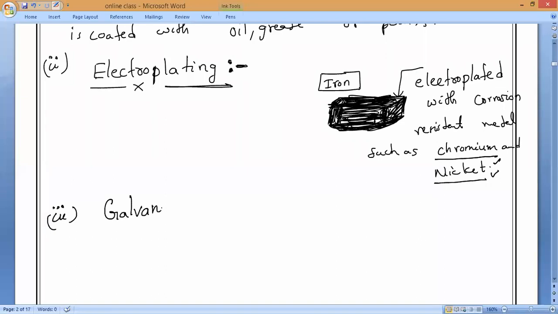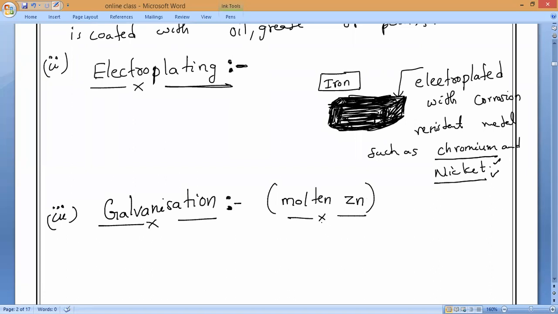Next, the third one is galvanization. What is this, guys? Galvanization means immediately remember we are coating the surface of iron with molten zinc. What do you mean by molten zinc? It means we melt the zinc metal and coat the surface of iron.